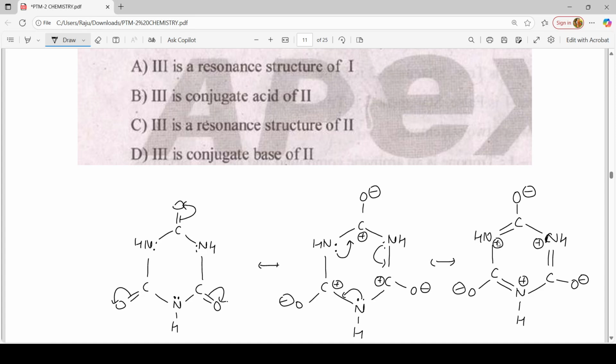So students, 3 is a resonance structure of 1. 3 is the resonance structure of 1.